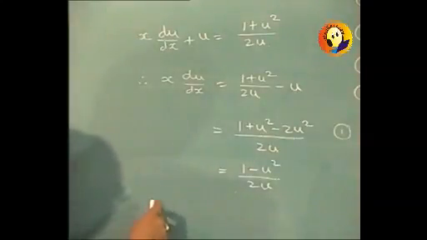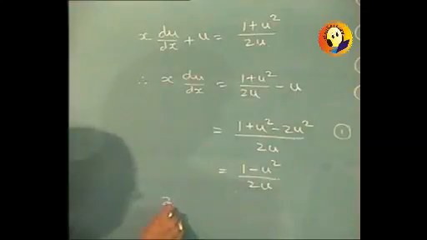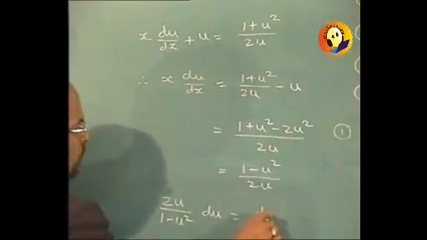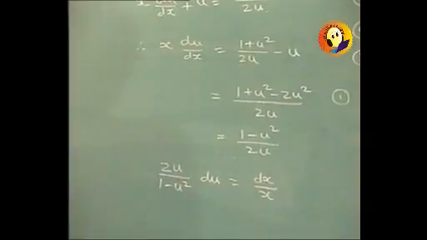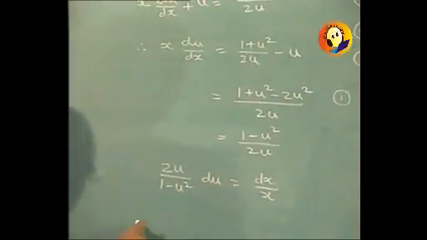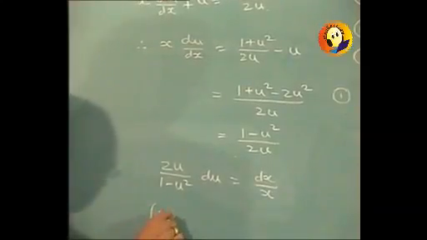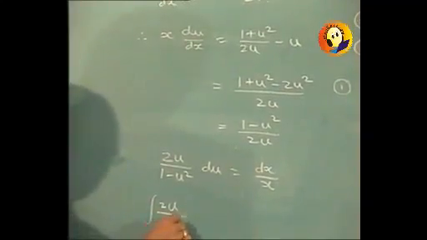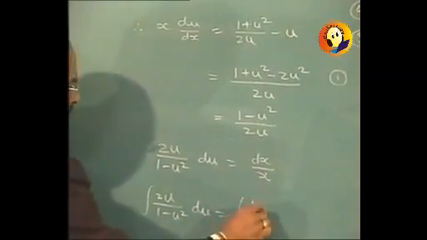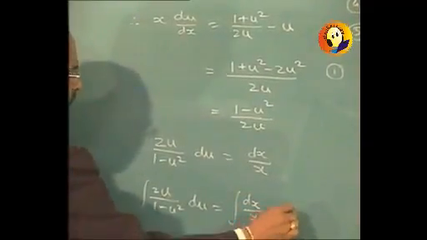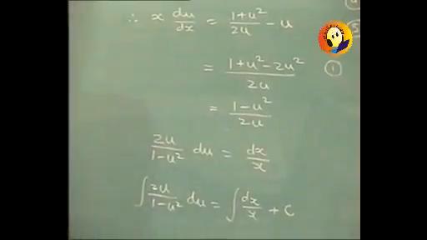We can cross multiply and get the equation as 2u upon 1 minus u square du equal to dx upon x. It is variable separable in terms of u and x. So integrating both sides, we will get integral 2u upon 1 minus u square du equal to integral dx upon x plus constant of integration c.